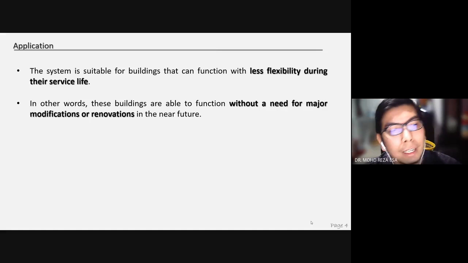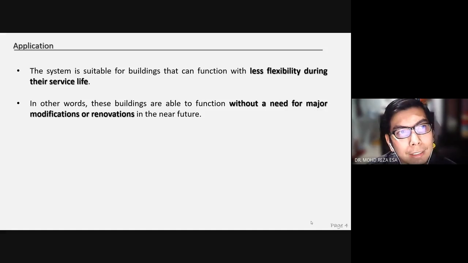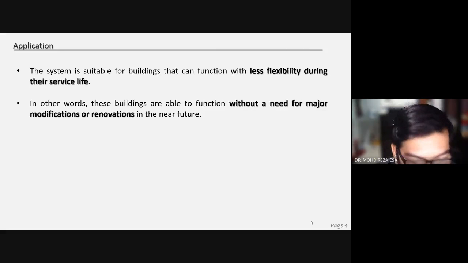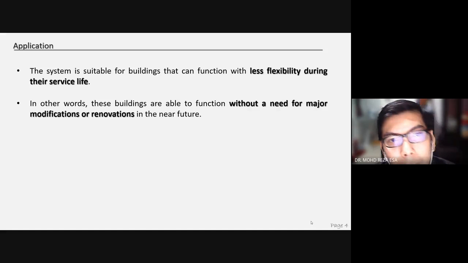Alright, so again, as I mentioned earlier, in terms of application, where can we apply this reusable formwork system in a construction project? This system is suitable for buildings that can function with less flexibility during their service lives. In other words, these buildings are able to function without the need for major modification or renovation in the near future.